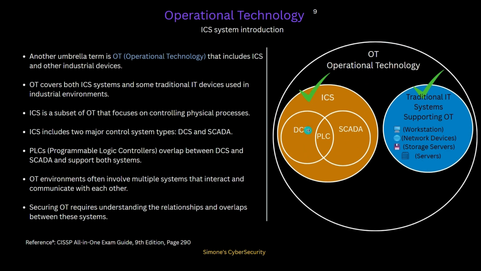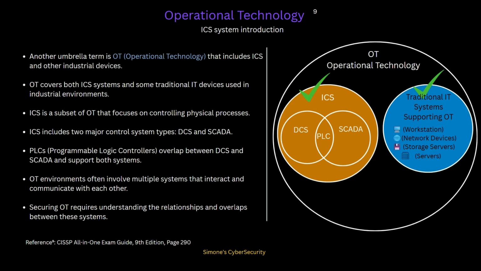And within ICS, there are other systems like distributed control systems and SCADA systems, and some devices like PLCs that overlap between the two systems, meaning that they support both DCS and SCADA systems. So in practice, OT environments often involve multiple systems working together, including the ICS and the traditional IT systems.